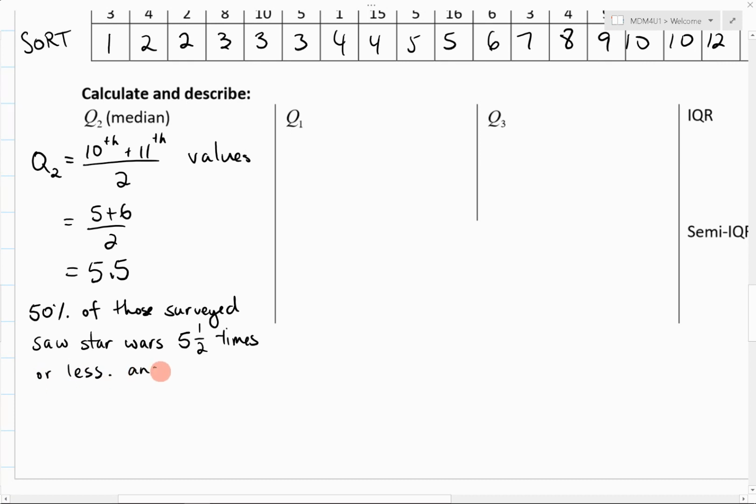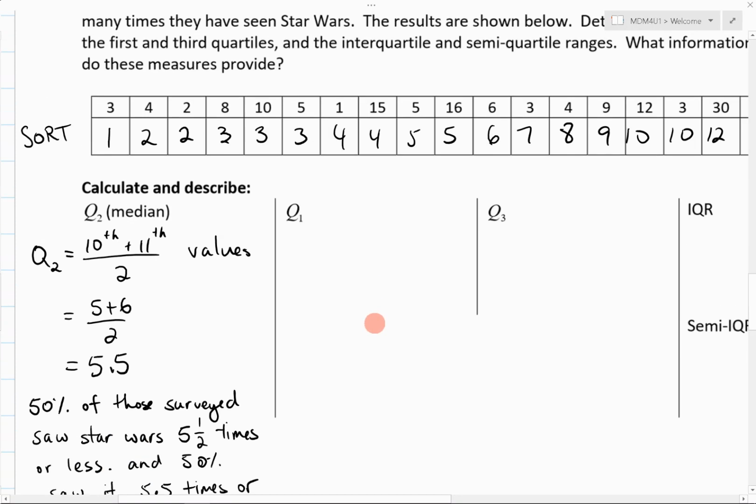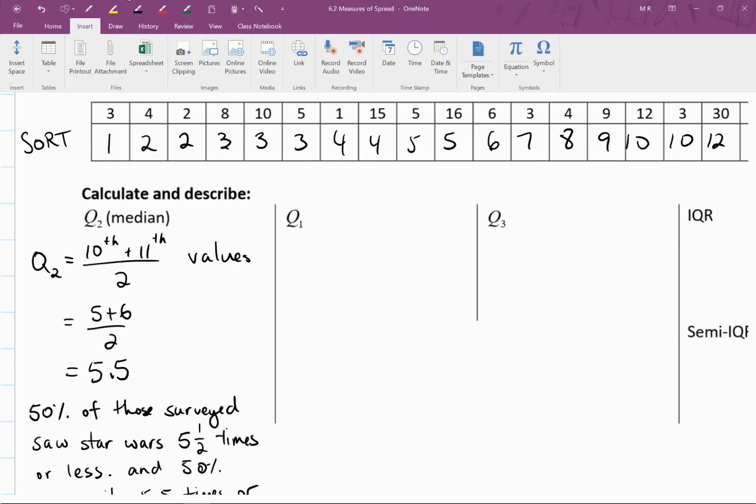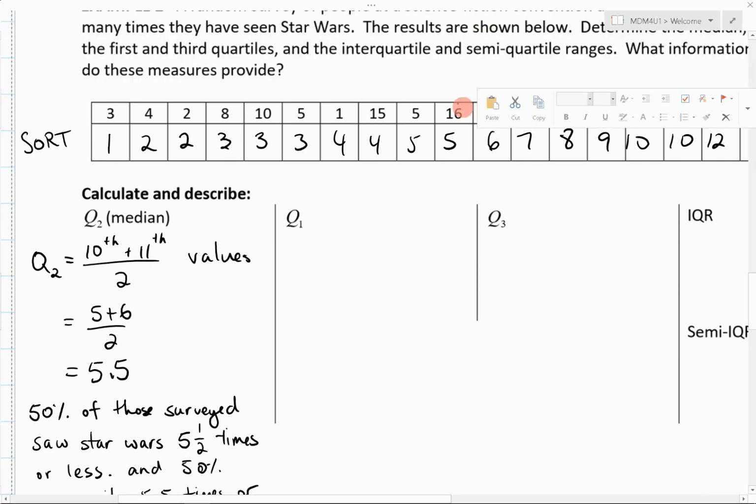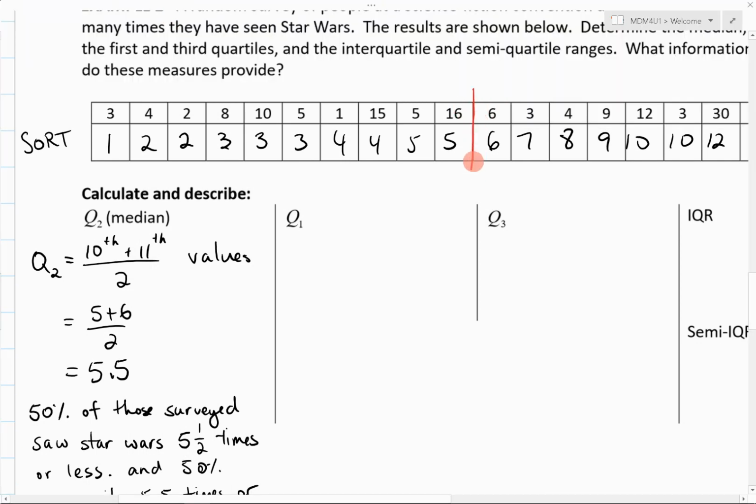And you can also say that 50% saw it 5.5 times or more. So that's the significance behind the second quartile. Here I can also mark it on my table. My second quartile falls right here, quartile number 2.